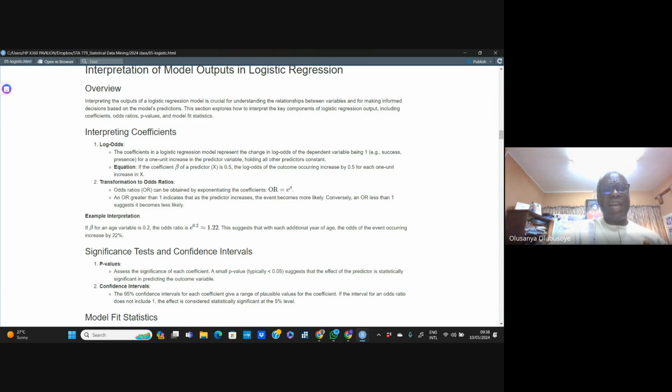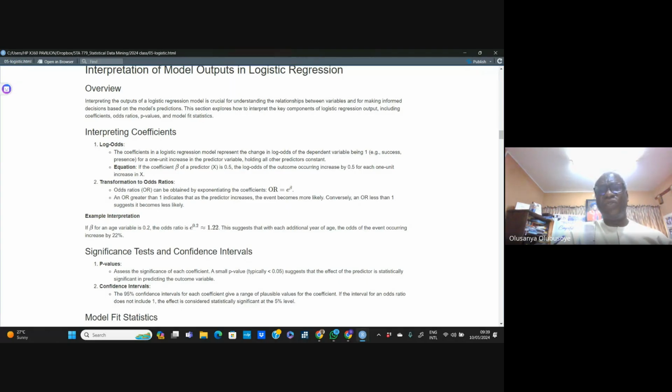If beta, for instance, is the coefficient of the age variable, and after estimation beta equals 0.2, then you need to get the odds ratio by taking the exponent. The exponent of 0.2 gives you 1.22.